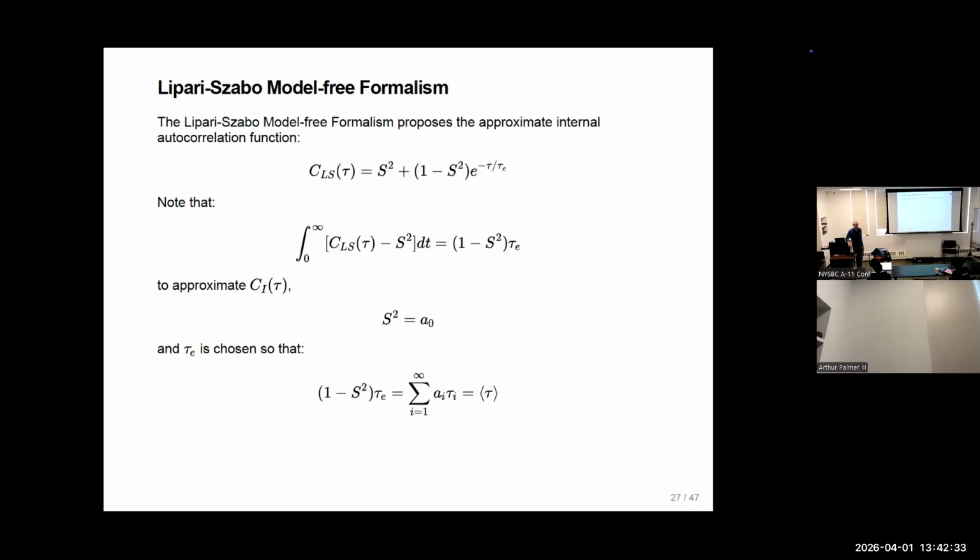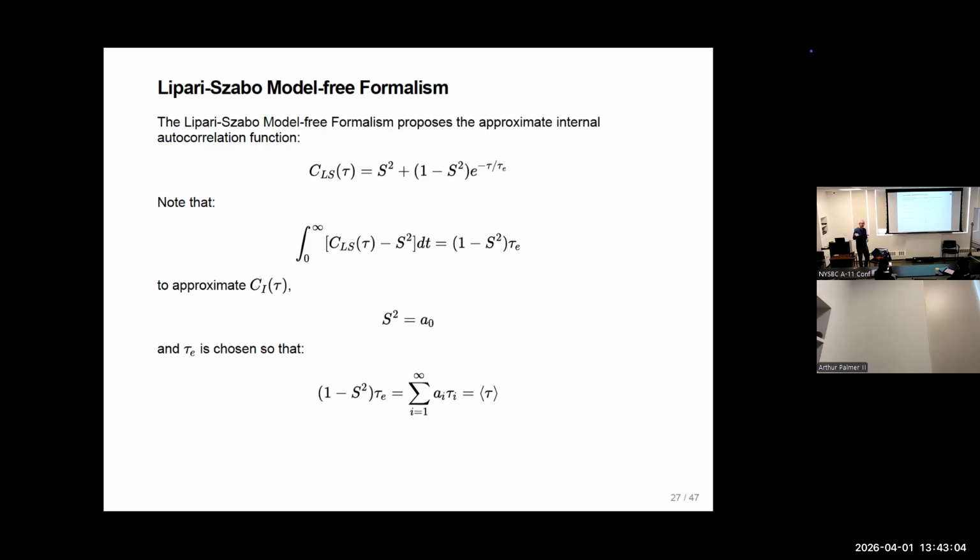We've done a little bit of work about what if you wanted an approximation that uses both, so that you were sensitive to both the fastest motions and the slowest motions. But anyhow, Lipari and Szabo said our single exponential approximation, the time constant is going to come from the integral of the autocorrelation function, and that's shown on the last line here.